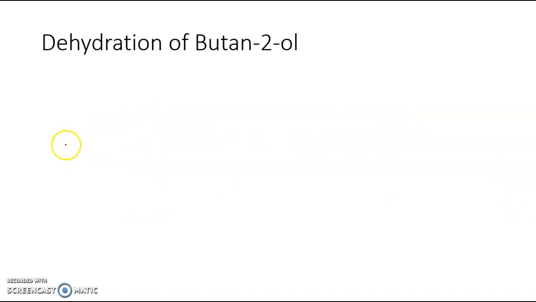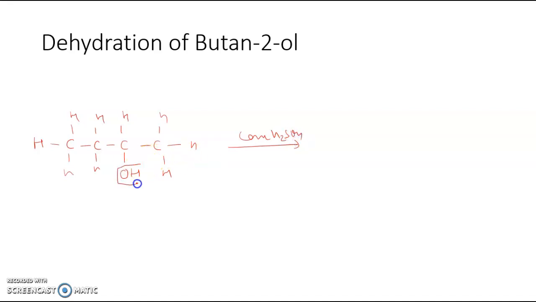Now what about butan-2-ol? If you look at butan-2-ol, there are 1, 2, 3, 4 carbons. On position 2, I've got OH. That's what the name butan-2-ol implies, that the OH is on the second carbon. Now if I react it with concentrated H2SO4, we'll have the same removal of water, but now you've got 2 neighboring carbons.